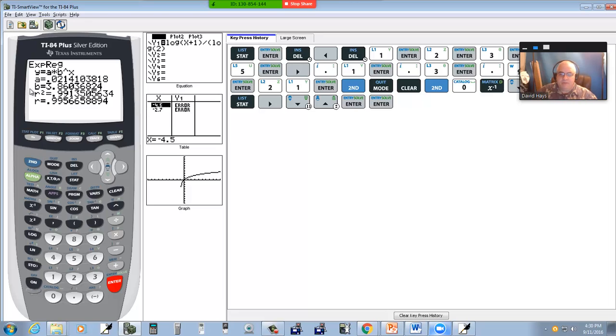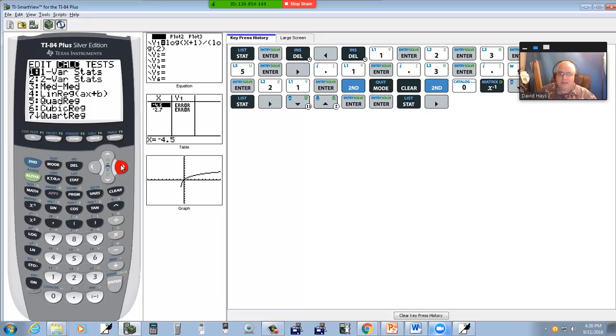Now if I want to do the log, let's see though. Where's that? Stat, calc, and I'll choose natural log. Press enter and then enter again.